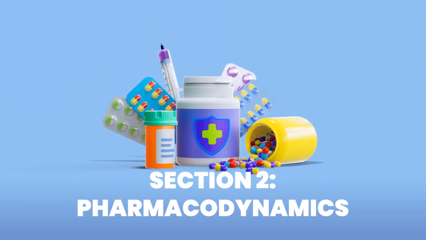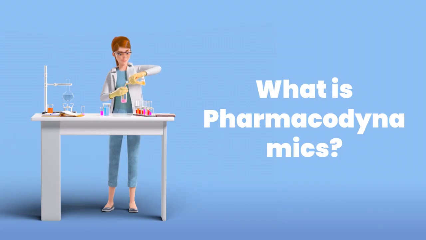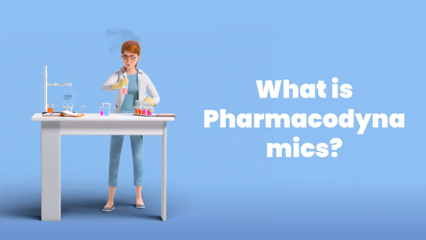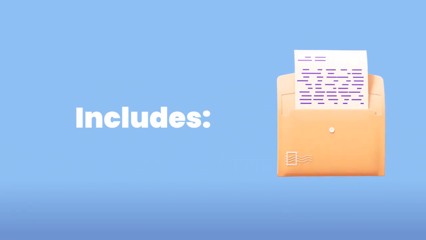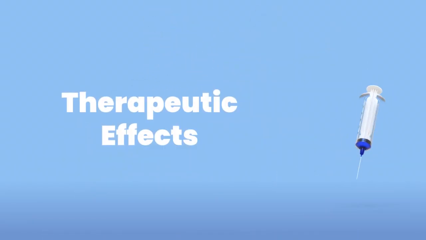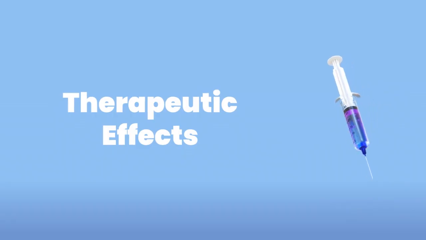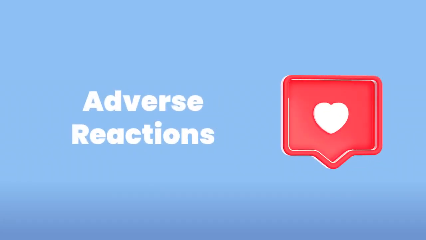Section 2. Pharmacodynamics. Next part, pharmacodynamics, what the drug does to the body. This includes mechanism of action, therapeutic effects, side effects, adverse reactions.